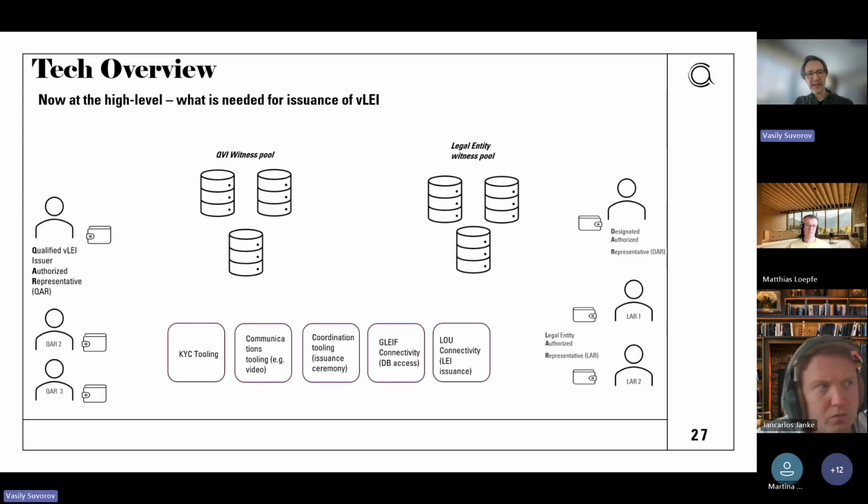And basically, now bringing it all together, what type of infrastructure is needed? Actually, you just need two sets of witness pools, which can be the same but can be different depending on the company and the level of trust that you have between these entities. And then you need to have KYC tooling.